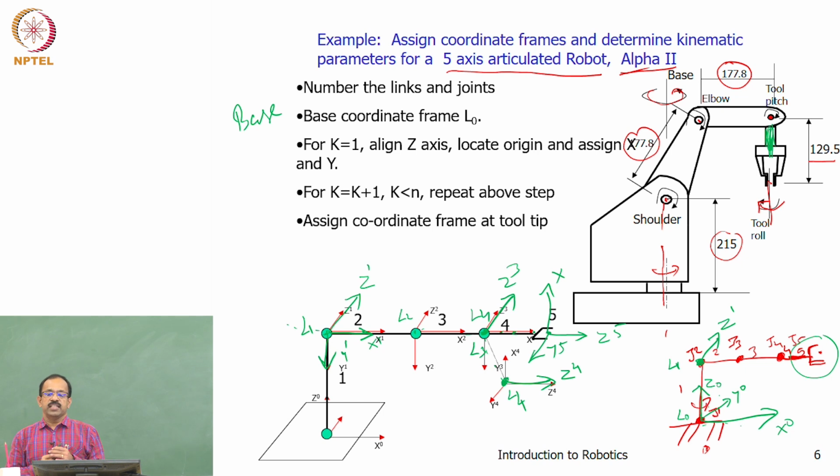L5 basically tells that it is the tool tip point which is of our interest. So we want to know where the tool tip is moving. So we assign a coordinate frame there and say that wherever the coordinate frame goes, that is the tool tip position. So the position of the origin of that coordinate frame is the tool tip position. Okay, so that is what we actually mean by that.